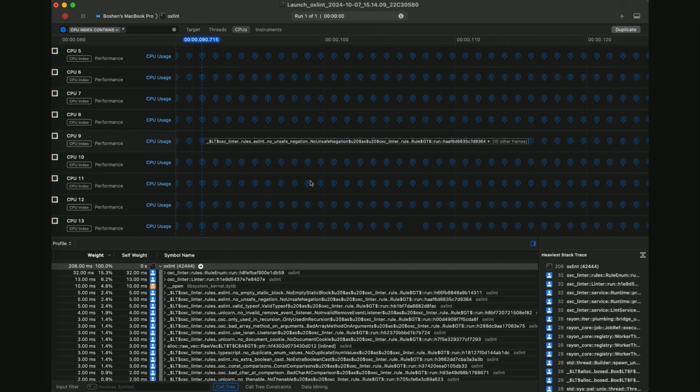And this is a profile of the linter program. So these are 13 CPUs, and each one of them is running code. So to make a program fast, you can profile it and see if all your CPUs are running code.